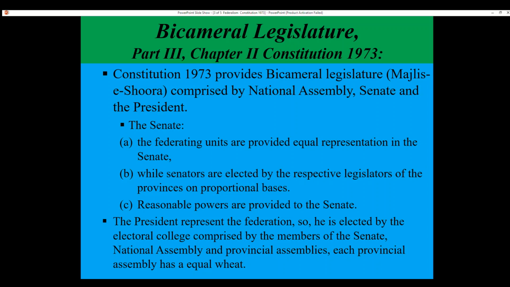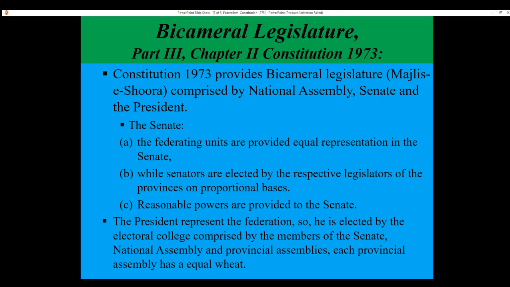In the Senate, the federating units are provided equal representation, while senators are elected by the respective legislators of the provincial assemblies on a proportional basis. Reasonable powers are provided to the Senate. The Senate is not a powerless body like the House of Lords. This is a powerful body. Reasonable legislation and policy-making formulation powers are given to the Senate.